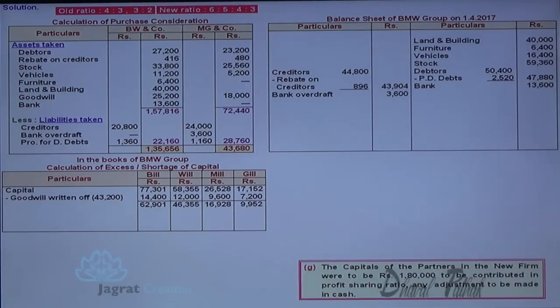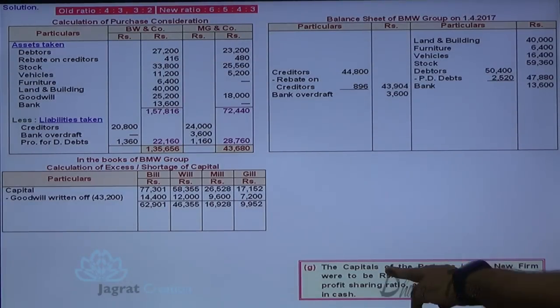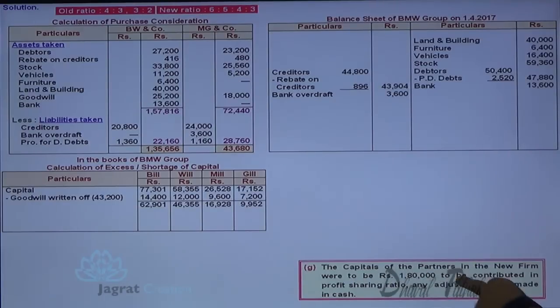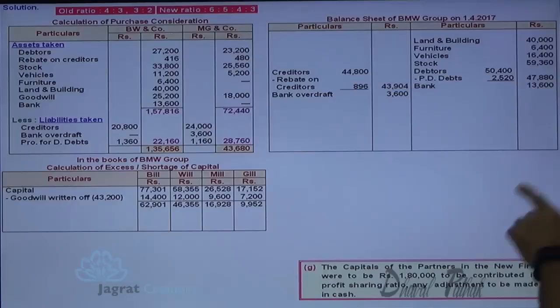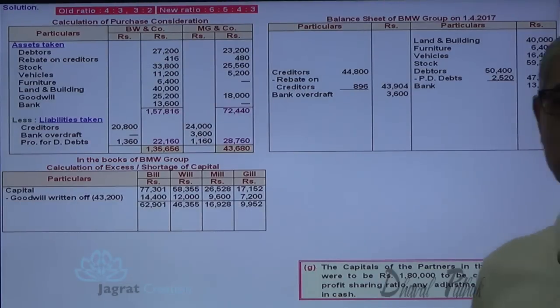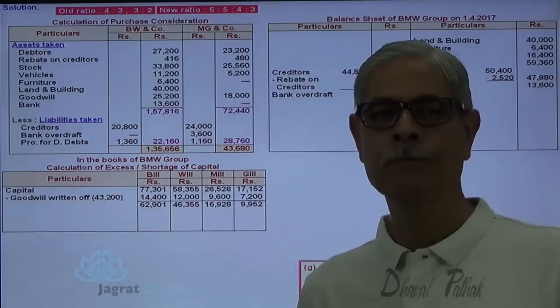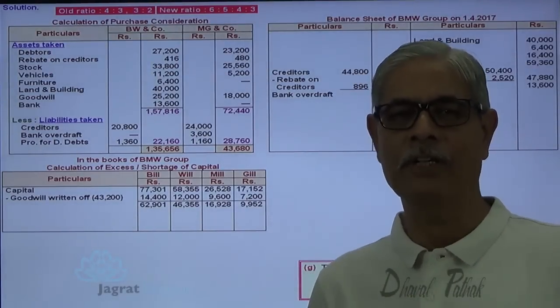Now you are told in the sum that in the new partnership firm, after amalgamation, the total capital of the partners in the new firm was to be 1,80,000, to be contributed in the profit sharing ratio. Any adjustment is to be made in cash. So 1,80,000 is the required capital, and that capital should be in the new profit sharing ratio.